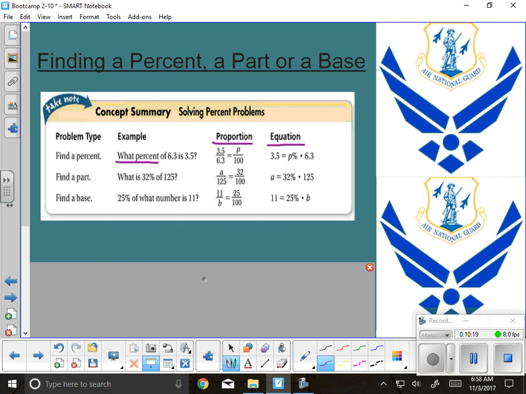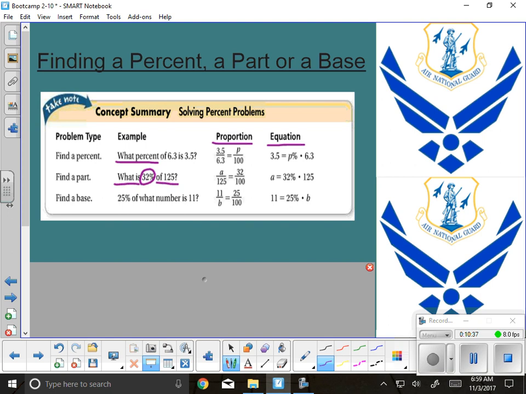Now finding a part is going to be a little bit different. When you're finding a part, it says what is, but you have your of, and you have your percent. So here it's just plugging in what you know into the equation or proportion.